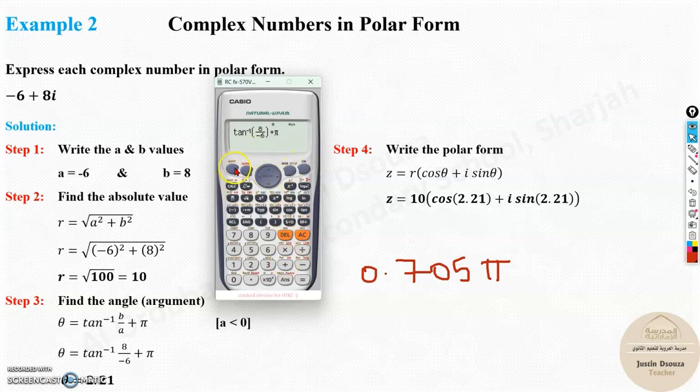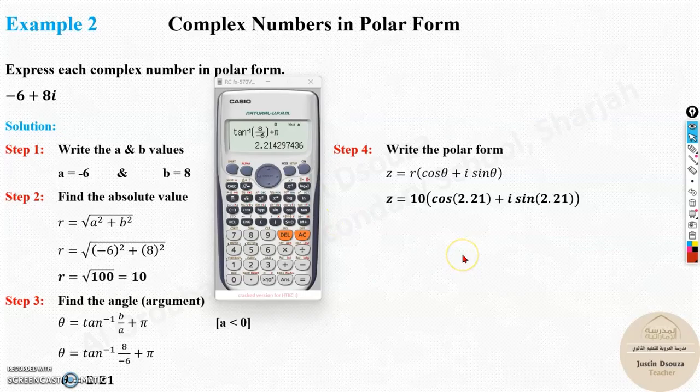And now change the mode, shift mode 4. It comes in radians, and this is your answer. That's it. You don't need to do any step further. Even if you do degree, you will get it, but it's a long procedure. So this is the easier method. I hope this is clear. If you have confusion, just go back in the video and watch it again.